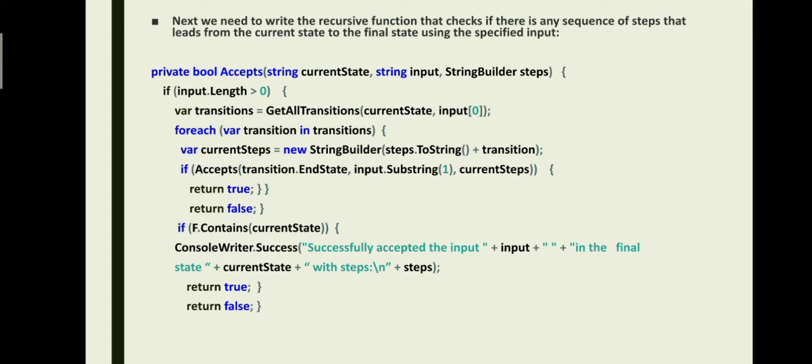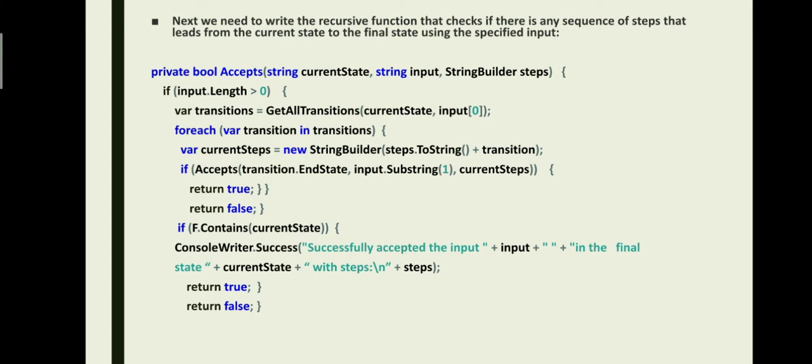If F.Contains(currentState), F is nothing but the final state here. If it contains the current state, then ConsoleWriter.Success will print successfully accepted the input. In the final state, we will have the current state with the steps. Then it will return true, or else it will return false.